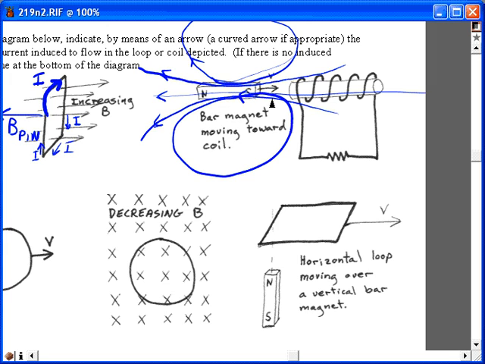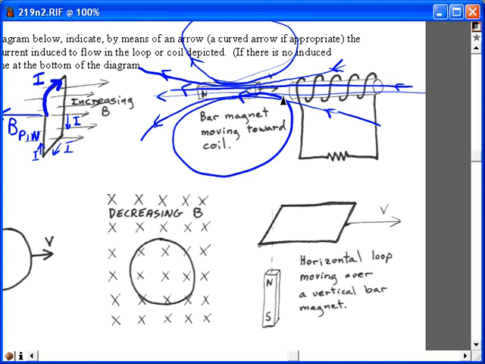They never cross, so that's a bit of a mistake, just a lack of artistic talent issue. Alright, now here's the deal. Some of these mag field lines are missing the coil, and some pass through it. But the closer the magnet gets, the more of them are going to be sticking through the coil here.